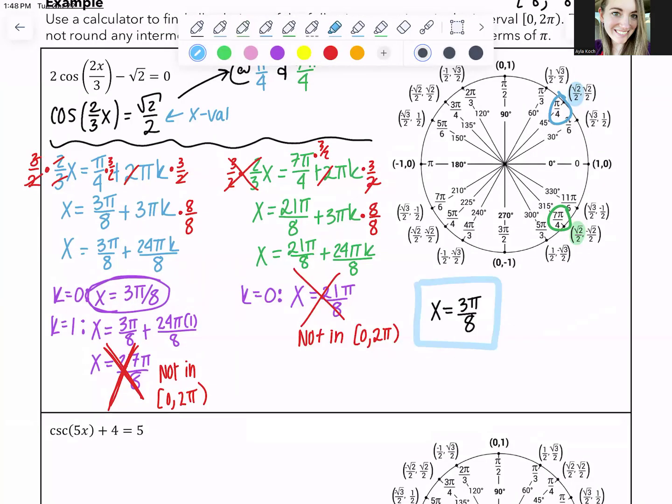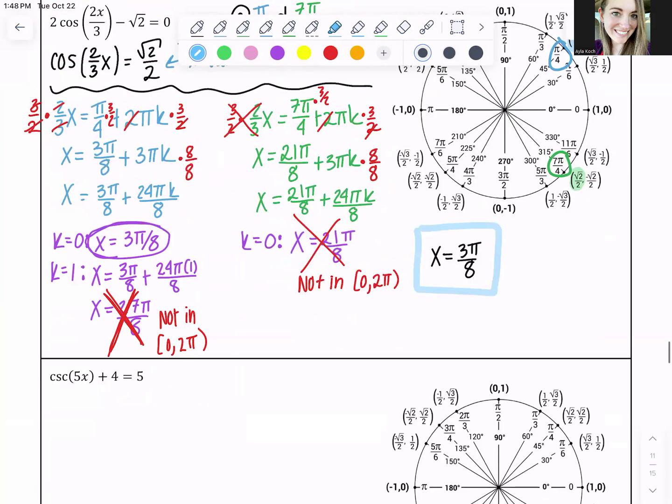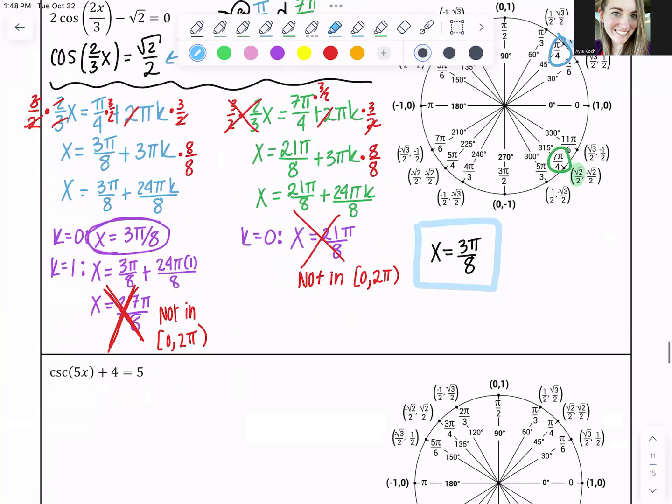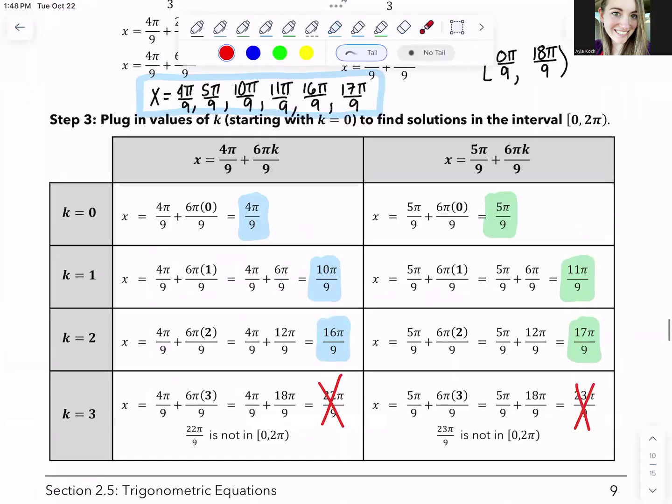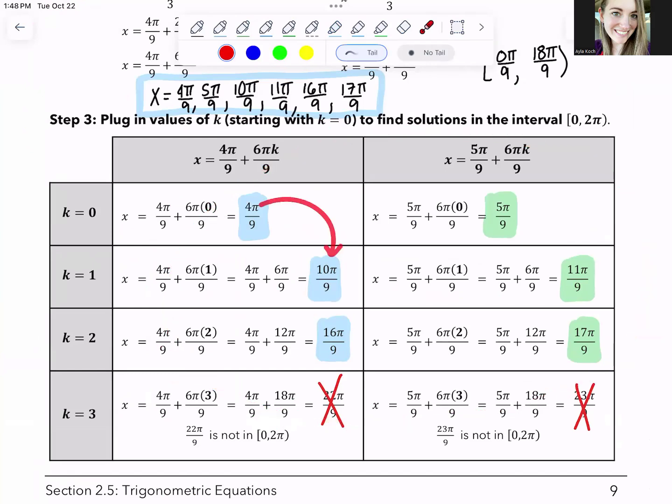All right. One last problem. And this problem is a doozy. Just going to go ahead and warn you, this problem has a heck of a lot of answers, but we're gonna do it. We're gonna use a calculator to do a lot of the math here. I would like to also point out, do notice here, when we were doing this original problem, that these denominators went up by 6 each time.